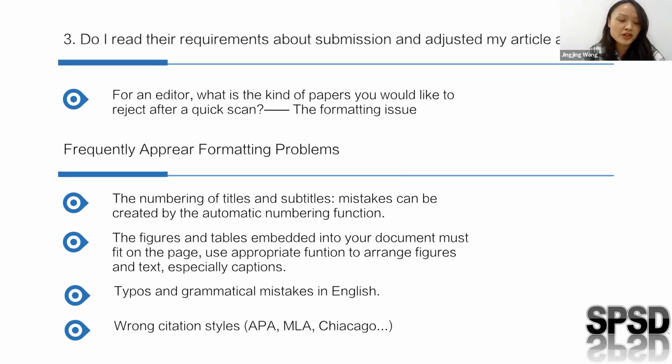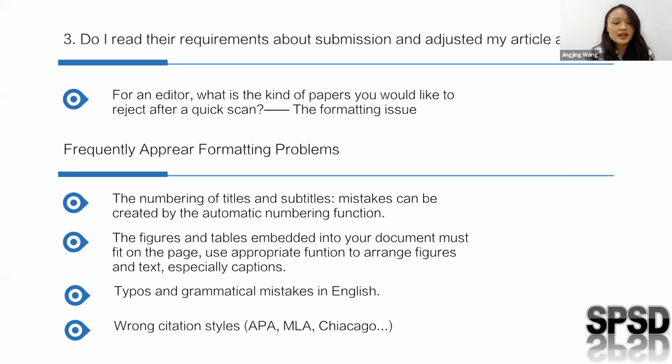That is very obvious. And some authors have the wrong citation style, because there are many mainstream citation styles. So you have to figure out what is required by a journal.